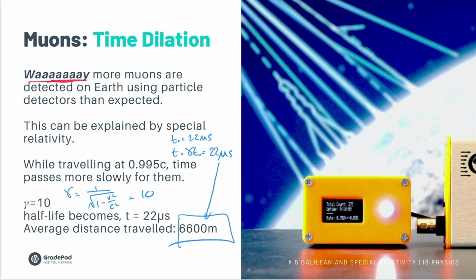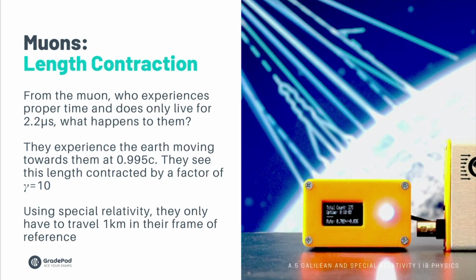And actually, some of them are still existing within 6.6 microseconds in their proper time, which gives a dilated time of 66 microseconds, which means they can be travelling up to 20,000 metres before they're all decayed. So suddenly, with time dilation, it explains why we're detecting way more muons on Earth's surface than we should be without time dilation.